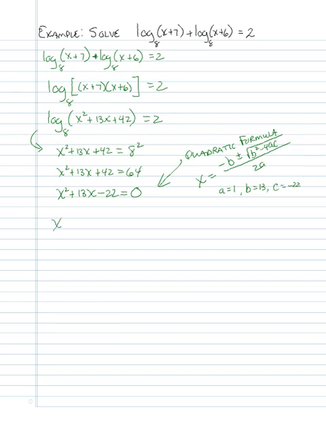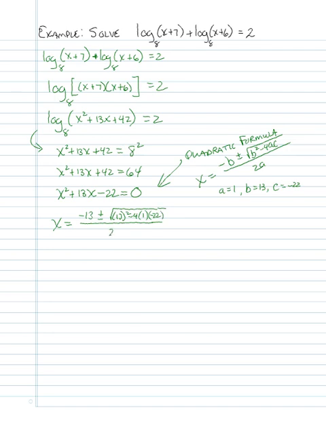And so we begin by doing our substitutions. So the opposite of b, it's the opposite of 13, isn't it? Plus or minus the square root of b squared, 13 squared, minus 4 times a, which is 1, times c, which is negative 22.